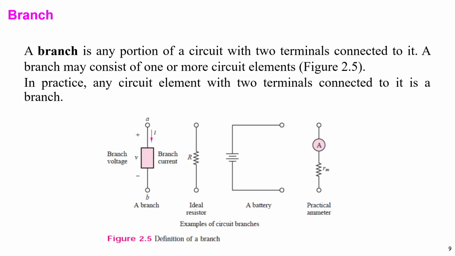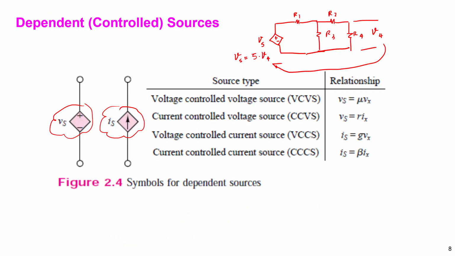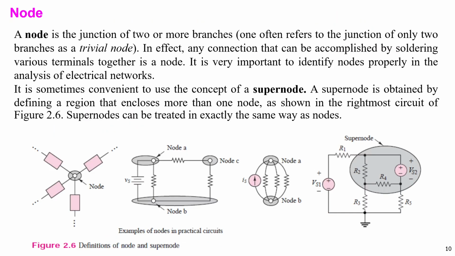Okay, now we talk about what a branch is in the circuit. A branch can be composed of any equipment like a resistance, a source, or maybe an ammeter. We call that a branch. For example, this is a branch, this is a branch. And we can have a node. The node is the connecting point between branches. When branches connect together, we call that point a node of the circuit.